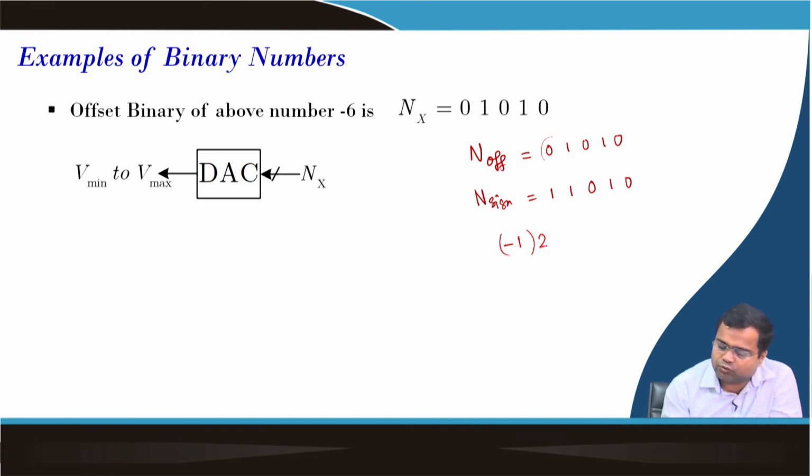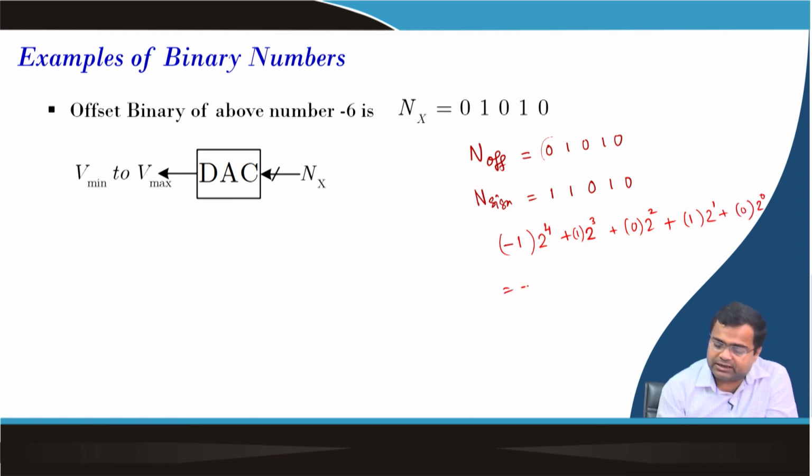minus 1 into 2 to the power 5, then plus 1 into 2 to the power 4 plus 0 into 2 to the power 3 plus 1 into 2 to the power 1 plus 0 into 2 to the power 0.